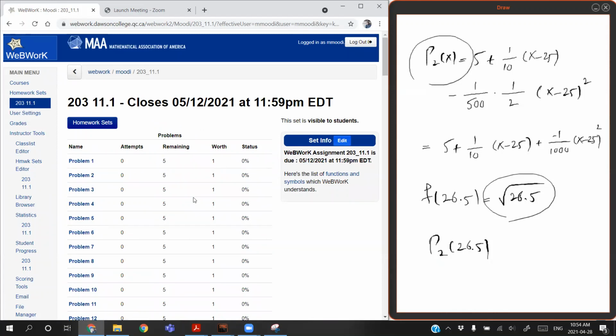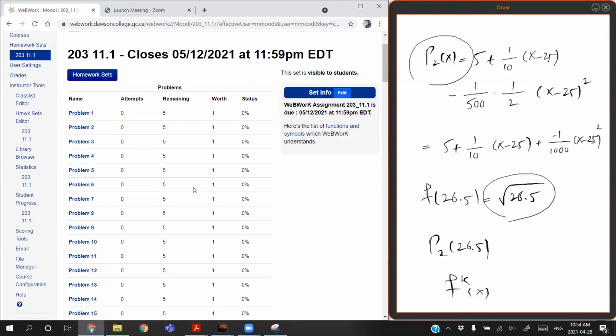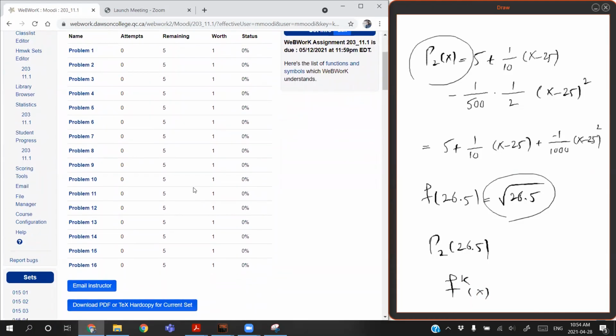Definitely practice finding those series of derivatives and looking for the pattern in that series of derivatives, so that you can find the formula for f^(k)(x). So this needs a lot of practice. And here we have 16 of them. There are also problems in the book that you can do in order to get more practice. For now, I want you to start working on these problems and let me know if you need help.